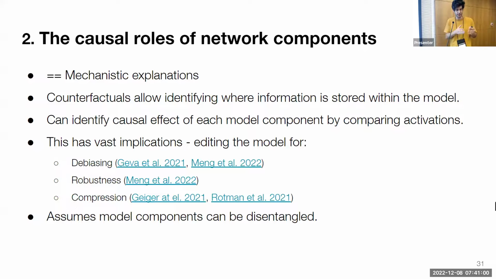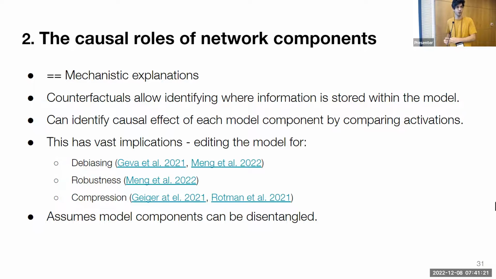So let's say we have identified which model components are using a specific type of information. So we have identified all of the activations or of the neurons within our model that are in charge of making predictions or modifying predictions where gender information is revealed.